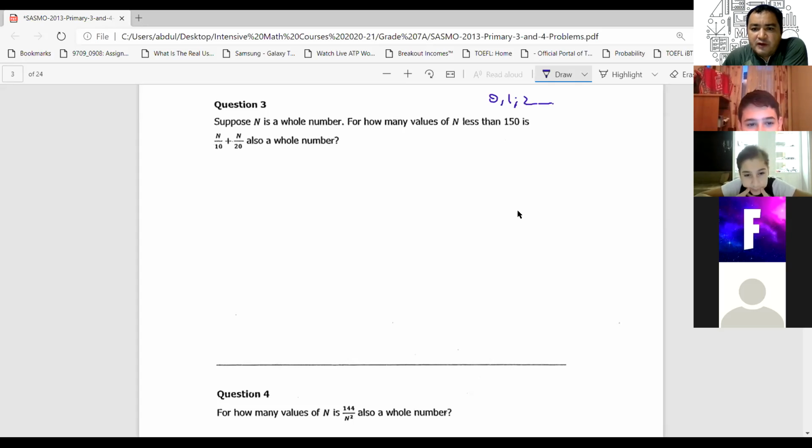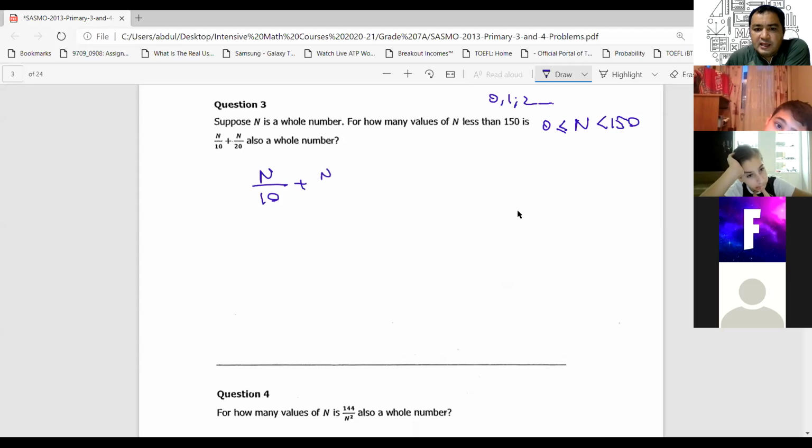It says for how many values of n less than 150. So our n is less than 150, and since it's a whole number, it is greater than or equal to 0. Also, n over 10 plus n over 20 should be a whole number.